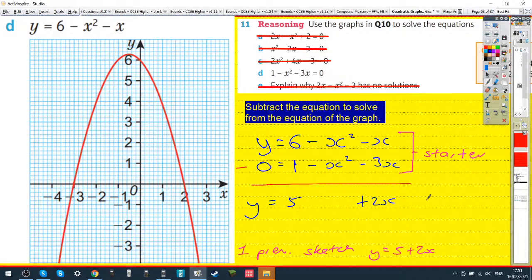Well, y is 5 plus 2 times 0. Oh, okay. 5 plus 2 times 0 is 5.